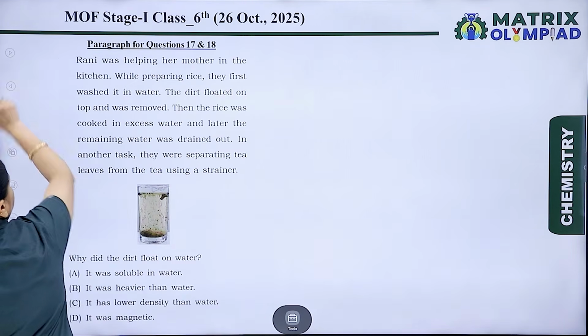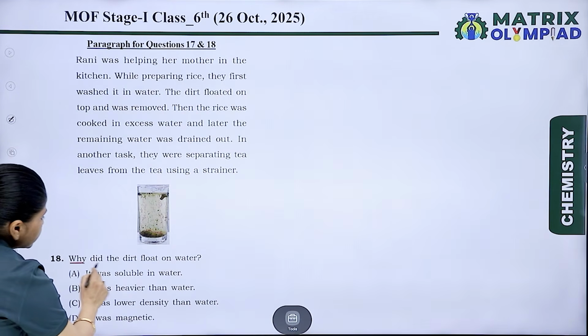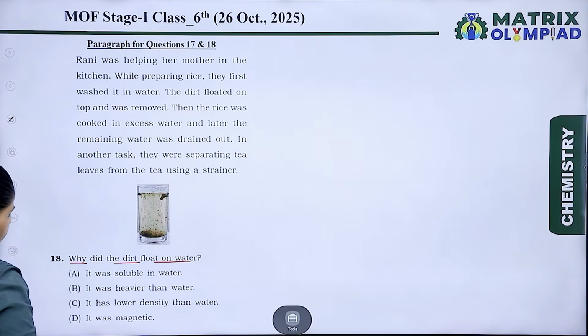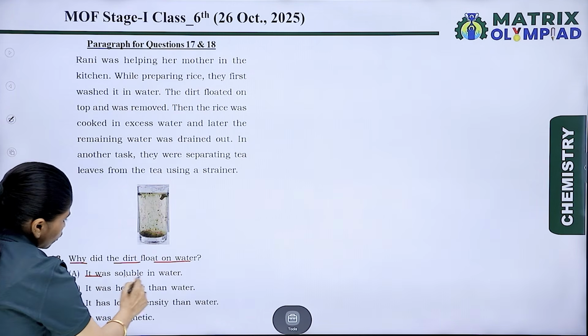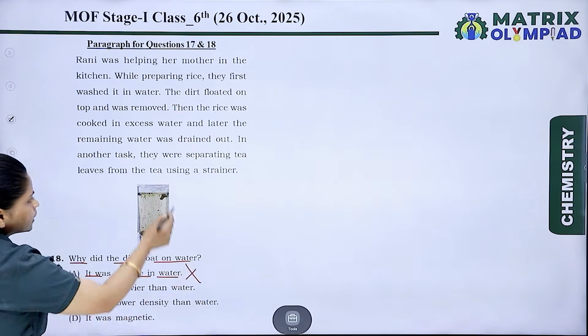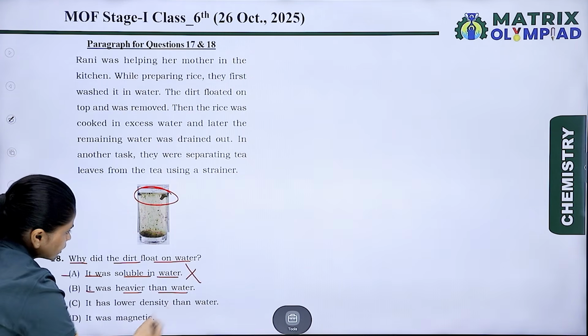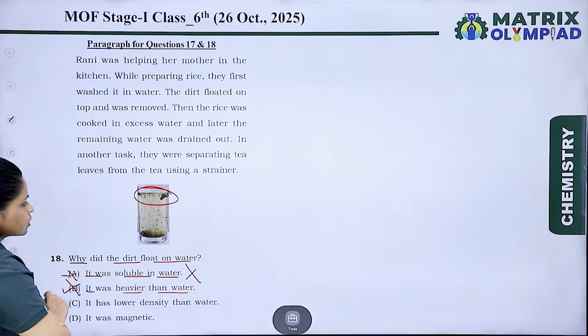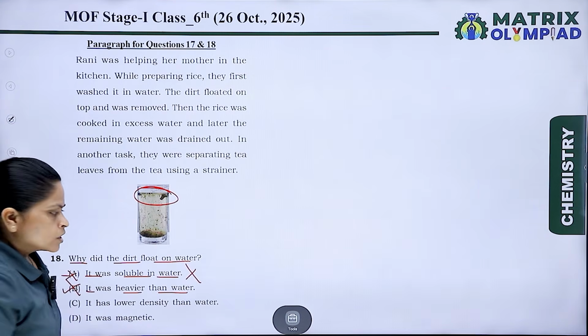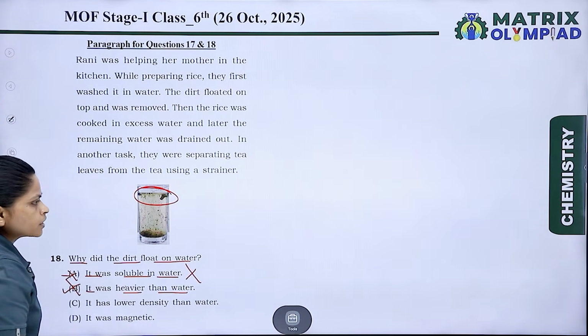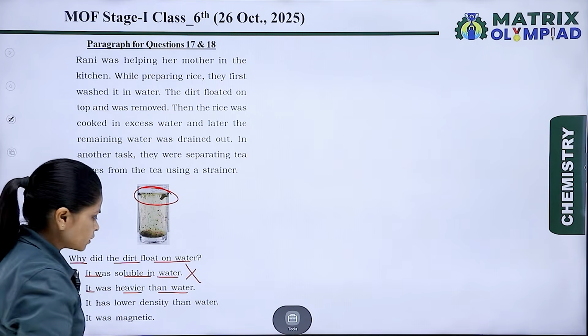Now the next question is, why did the dirt float on water? Option A, it was soluble in water. No, dirt is not soluble in water. It was heavier than water. No, as it floated on the water, it is not heavier but lighter than water.